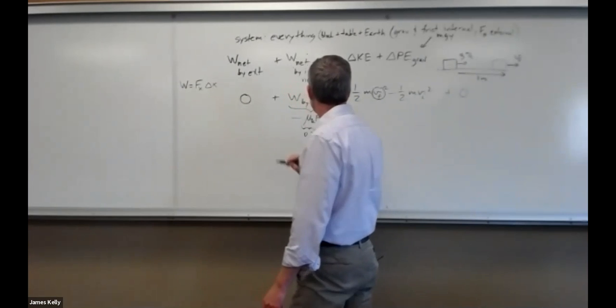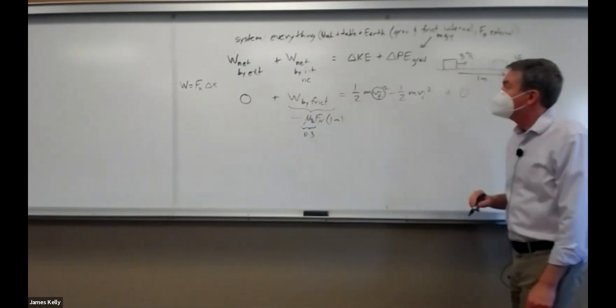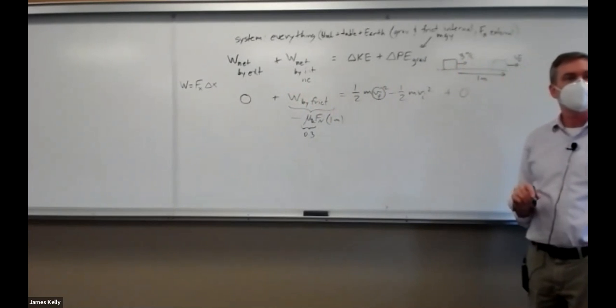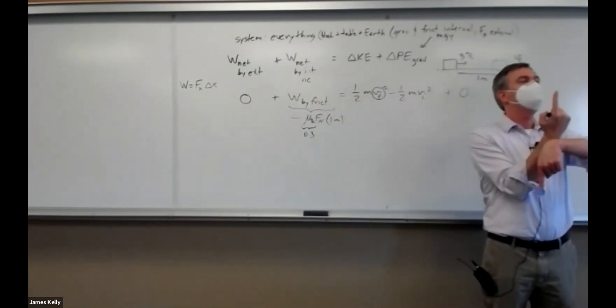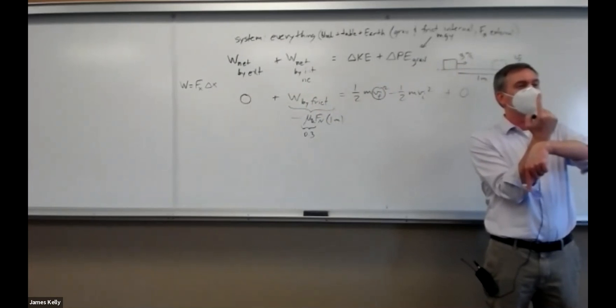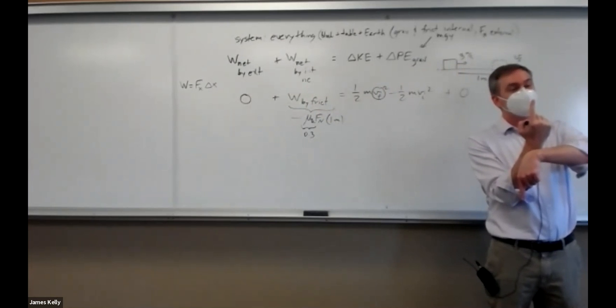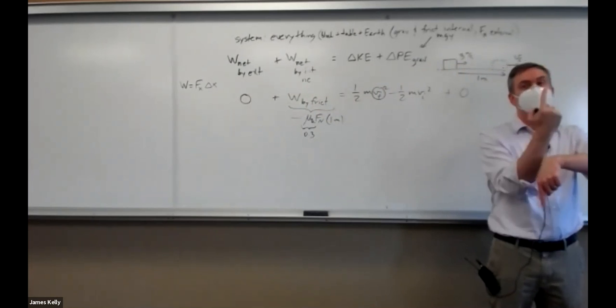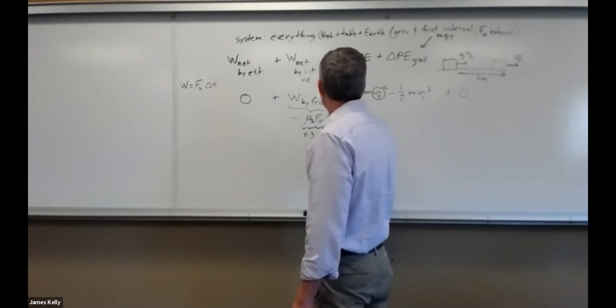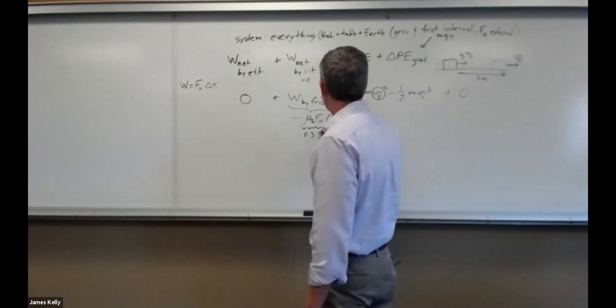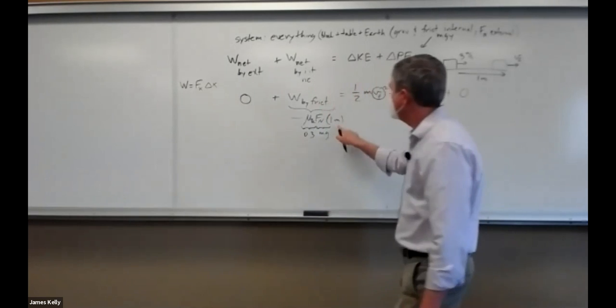What's that? Yeah, it's mg because the only two vertical forces are normal force and weight force. And so they have to balance out because it's not accelerating vertically. They balance out exactly. So this would be, what was it, a half kilogram? I can't remember, but it's mg in any case, times 1 meter.